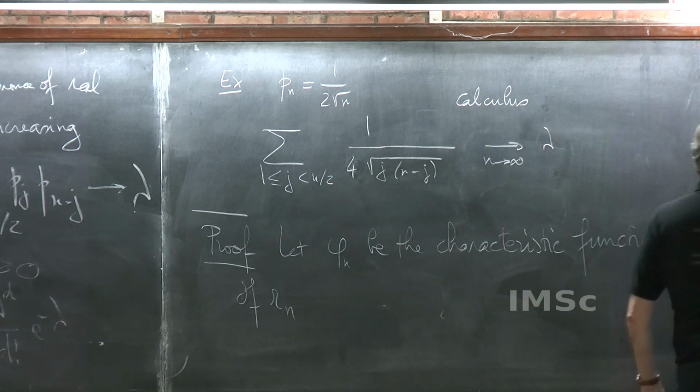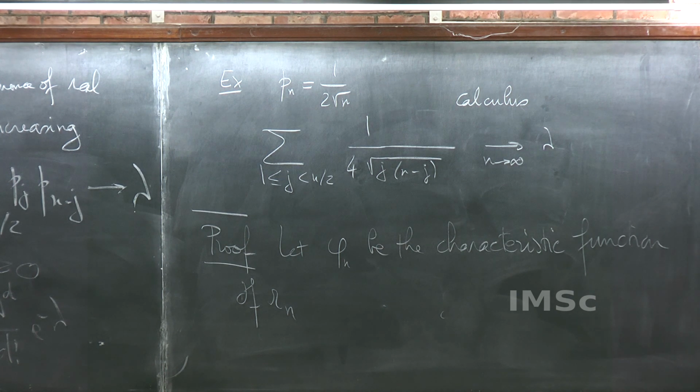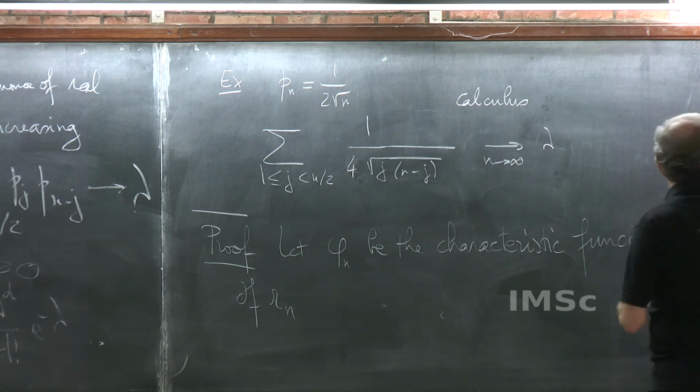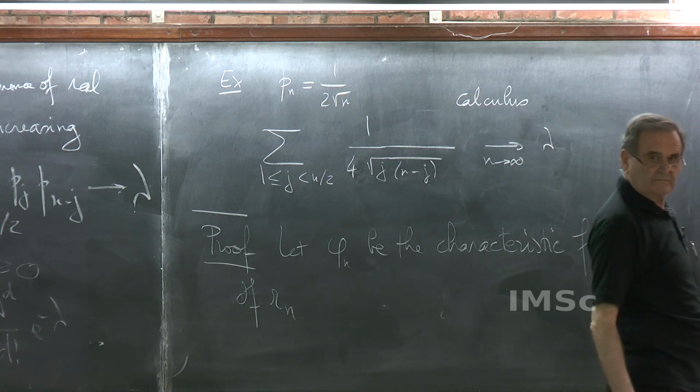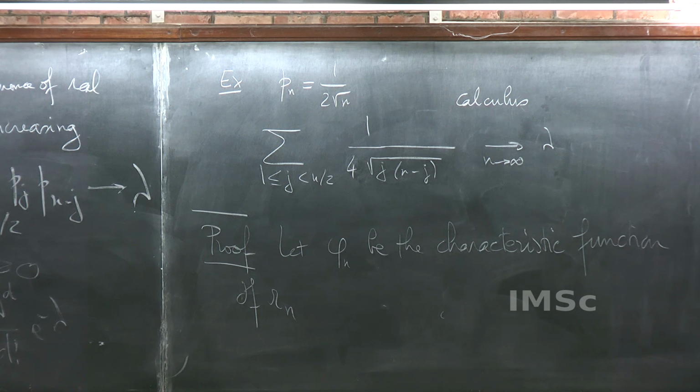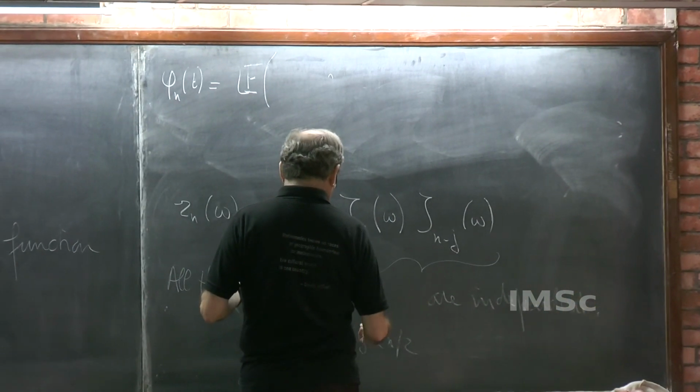Okay? So what you are saying is the following. You are saying that phi of Rn, phi n of t, will be the Fourier transform of this sum. So it is essentially the expectation of e to the it times this.